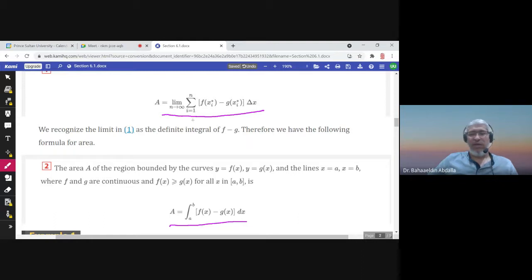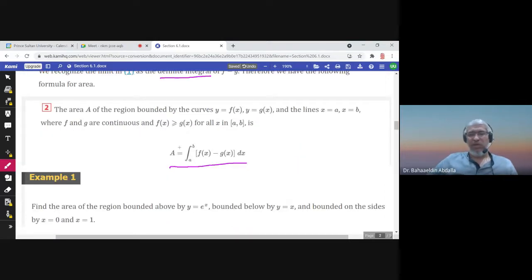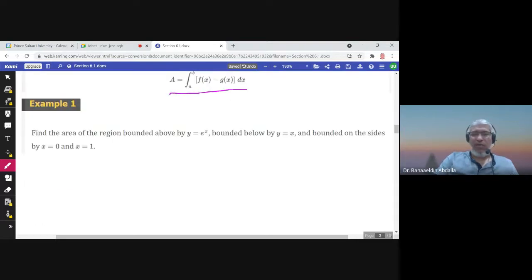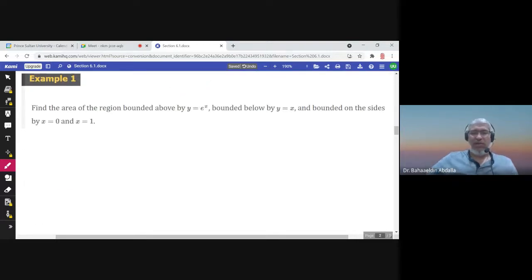This area written as a limit of sum is exactly the definite integral. We can write it in this notation. So the area between the two curves would be the integral from a to b of f of x minus g of x dx.